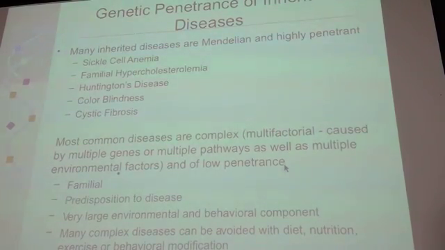And those genes and genetic pathways don't operate like the Mendelian diseases I mentioned, those genes will cause disease under any circumstances. These traits that have relatively low penetrance are influenced by environmental conditions.